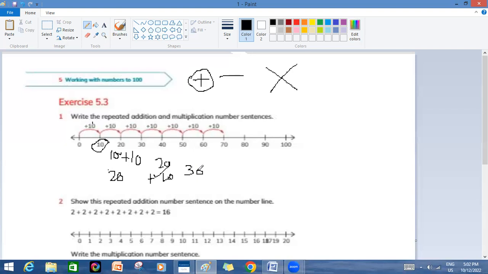So how many tens are there in the number line? Count. 1, 2, 3, 4, 5, 6, 7 tens. So what I'm going to do, I'm going to write here by adding them.